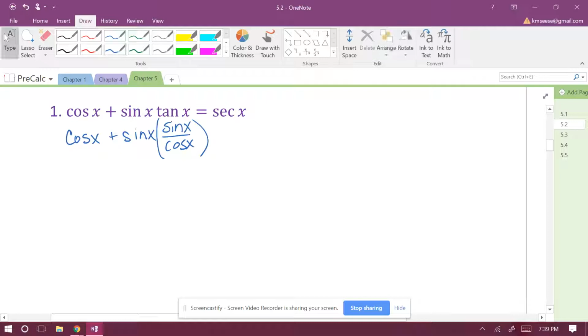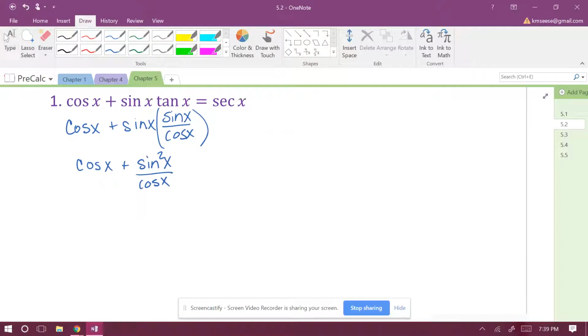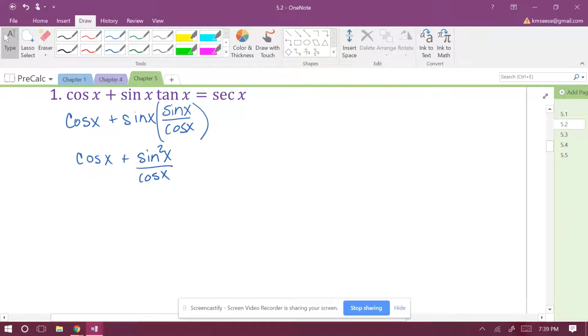And what this gives me is cosine of x plus sine squared of x over cosine. So now I have an opportunity to combine and make this one fraction. My common denominator is going to be cosine of x. So I don't have to do anything to this sine squared of x.